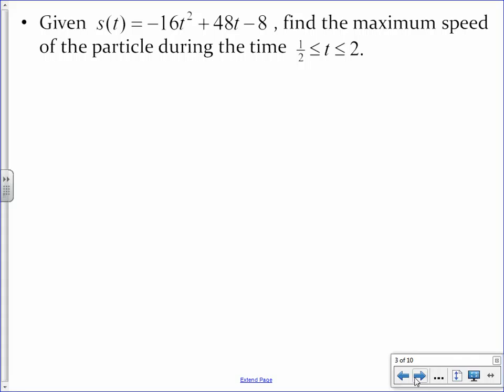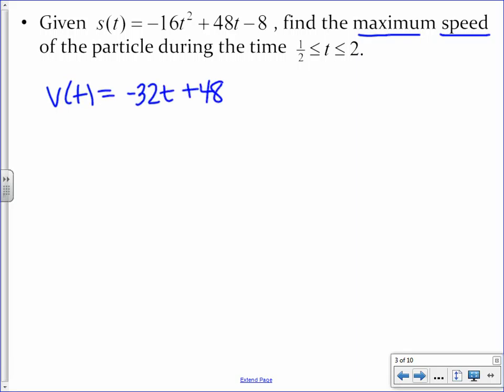If we are looking at maximum speed, we want to find the critical points of the velocity. When we're talking about speed, speed is related to velocity, correct?